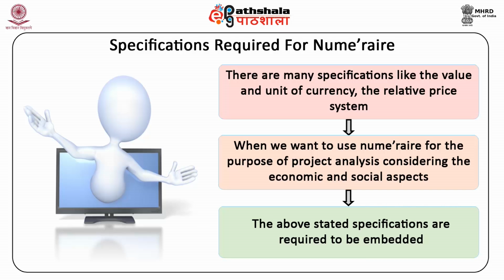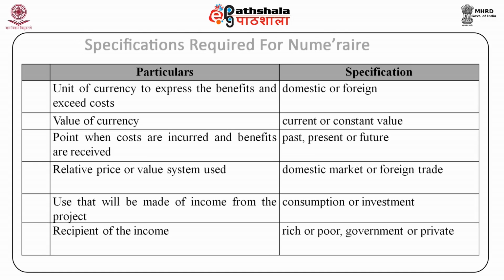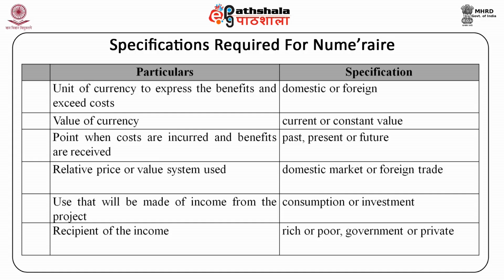A numéraire, if it is to serve the purpose of economic and social project analysis, must include specifications with respect to the following: the full specification of the UNIDO numéraire in terms of these criteria is the net present consumption benefits in the hands of people at the base level of consumption in the private sector in terms of constant price domestic accounting rupees.